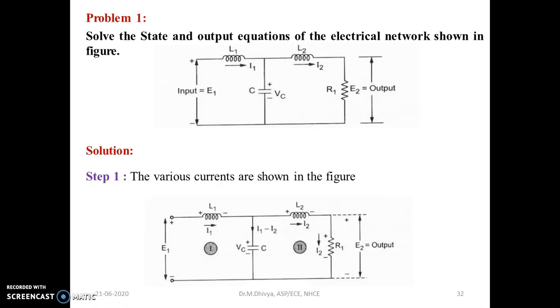The first problem is: solve the state and output equations of the electrical network shown in the figure. We know that whenever an electrical network is given to us, it can be solved by two methods.